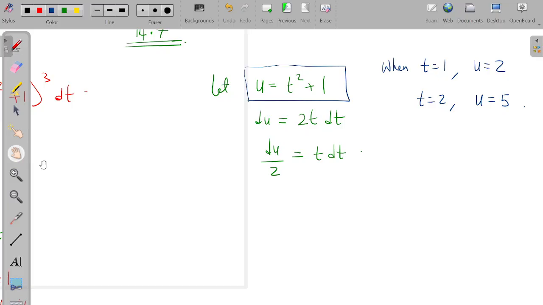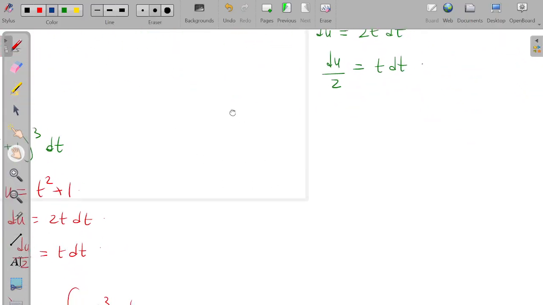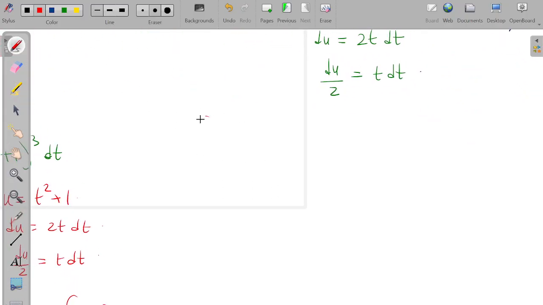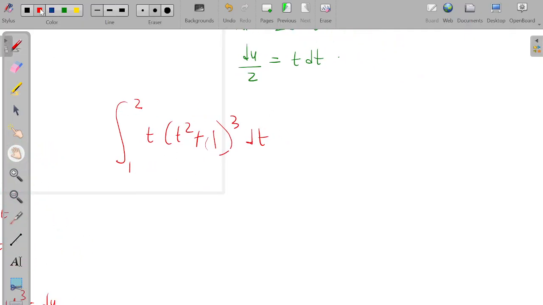Okay. So now let's change from t to u and see how that works. From 1 to 2, t squared plus 1 to the power 3 dt. This now gives us t squared plus 1 to the power 3, and t dt I bring together.